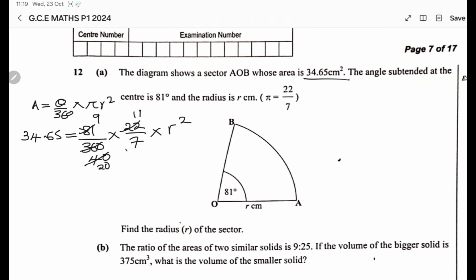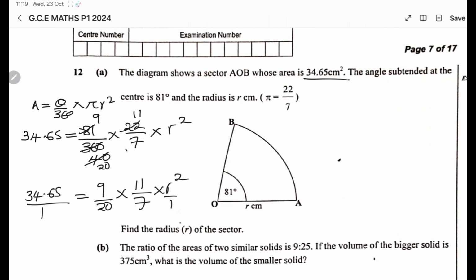To make it easy, let me just rewrite. We have 34.65 over 1 equals 9 over 20 multiplied by 11/7 multiplied by radius squared, which I'll also indicate as over 1.